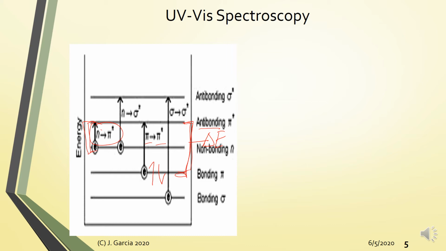So you would expect this type of transition for those molecules. If you look at the sigma to sigma star transition, the energy level is very, very high, and this is the reason why you don't expect pure alkenes to absorb in the UV-Vis region.